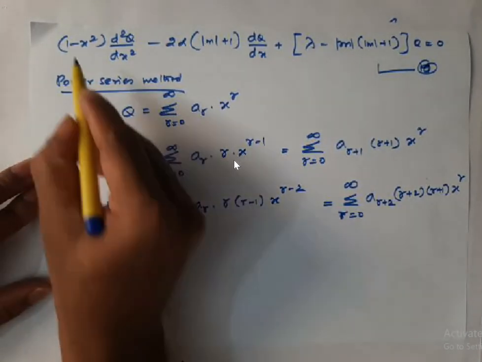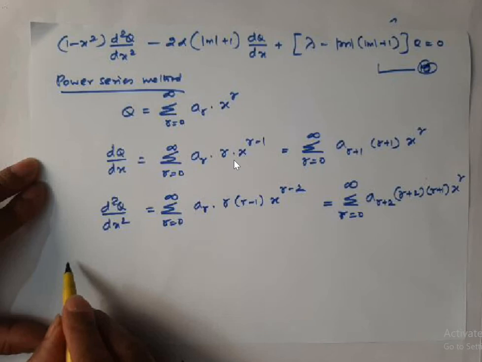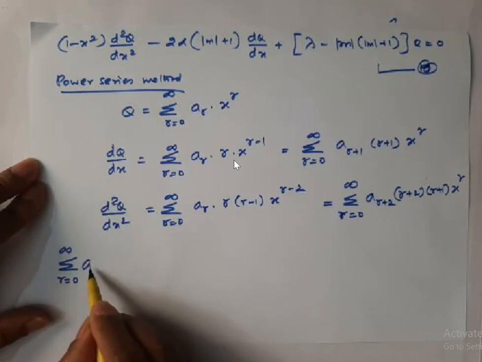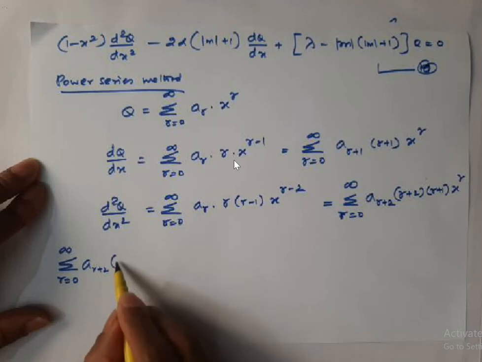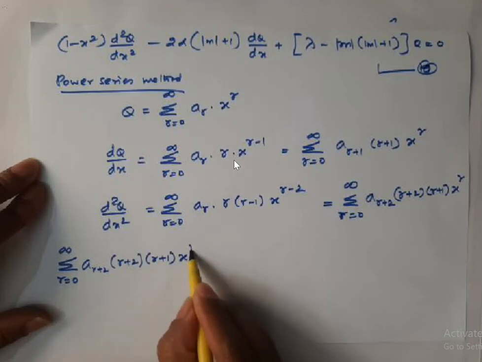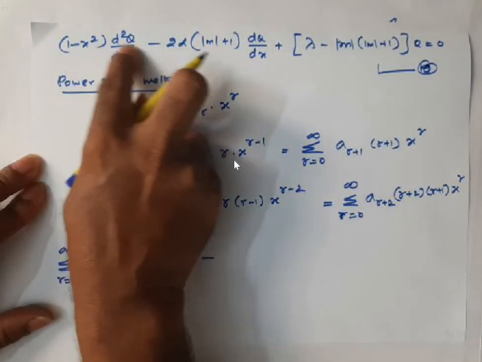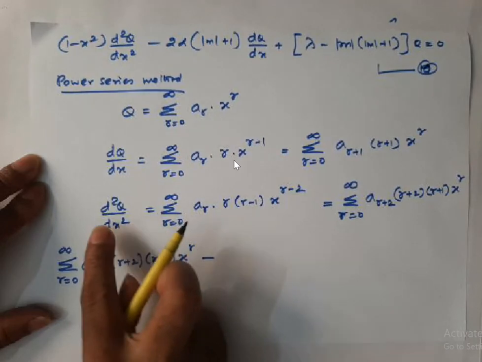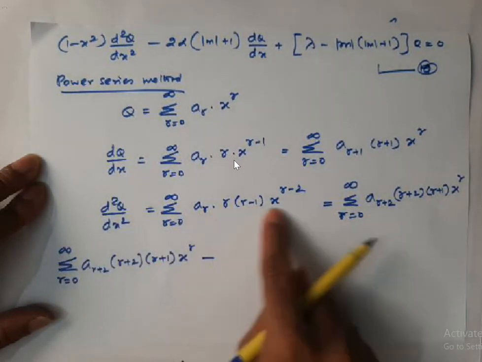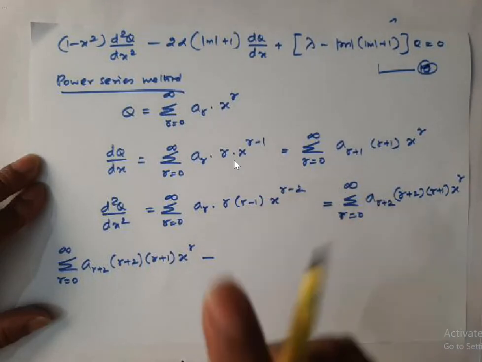In the place of d square q by dx square, I'll write this term, which is summation r equal to 0 to infinity a r plus 2, r plus 2, r plus 1, x power r, minus x square into this. If I multiply this by x square, x power r minus 2 times x square becomes x power r.